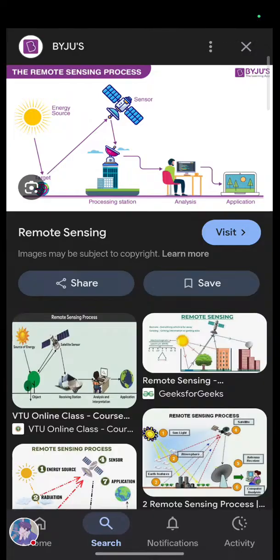It has three types: spaceborne, airborne, and ground-based.